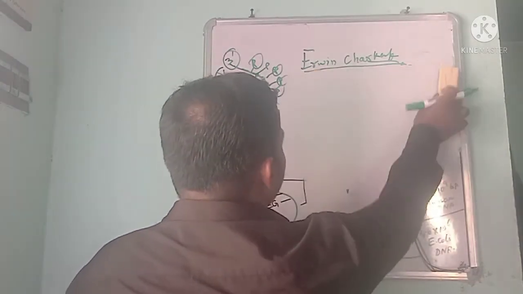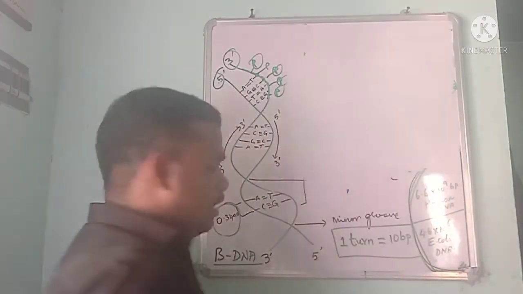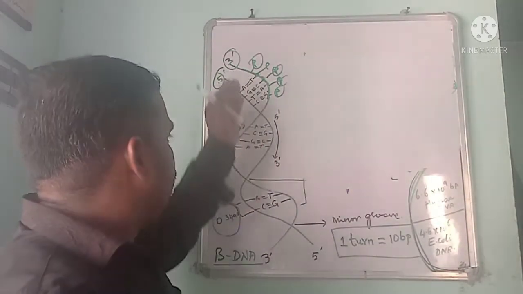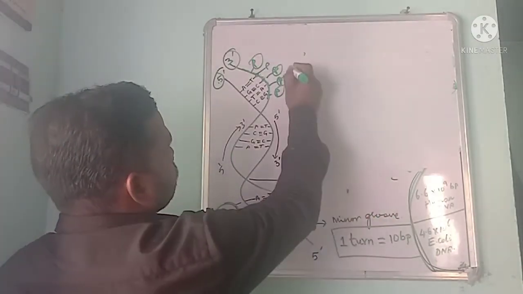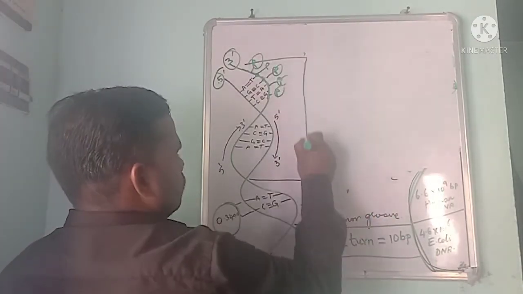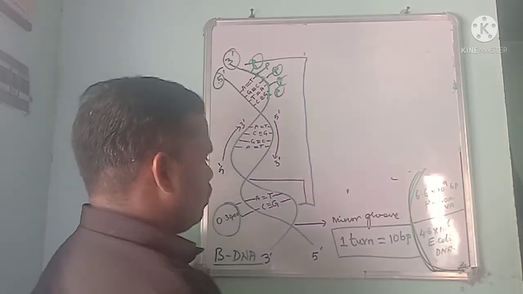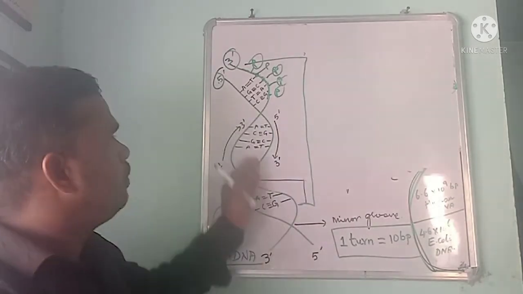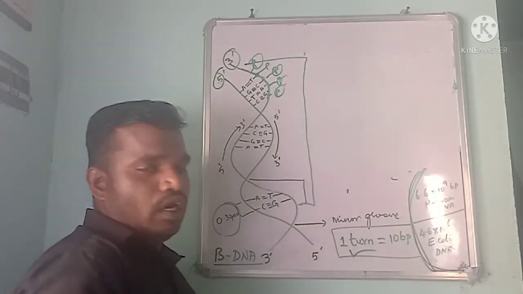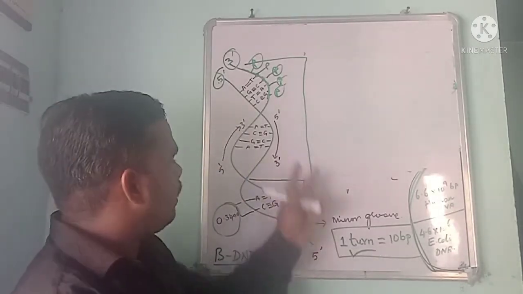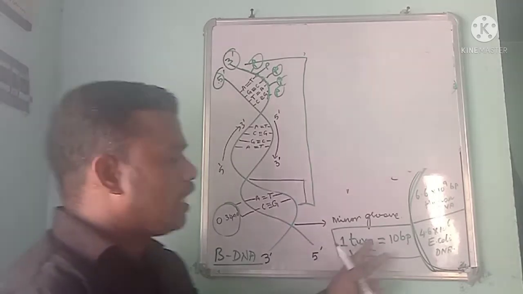With the help of Chargaff's rules, Watson and Crick made a model. Here we see that one turn of the DNA helical structure contains 10 base pairs.